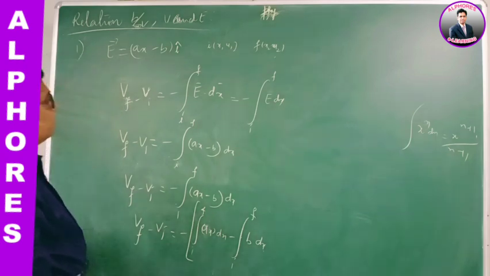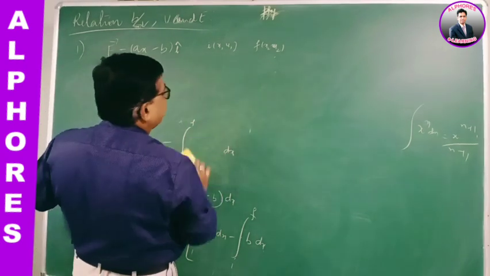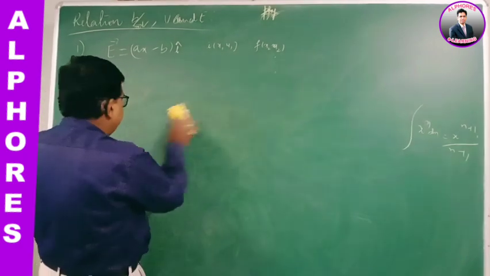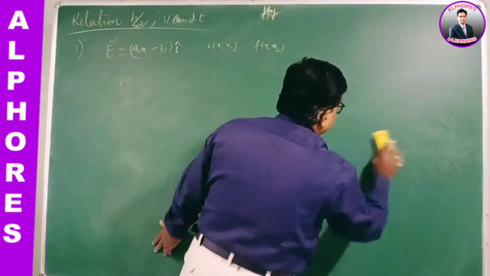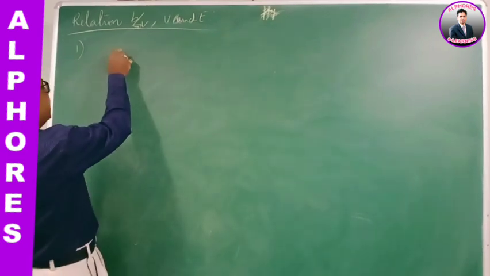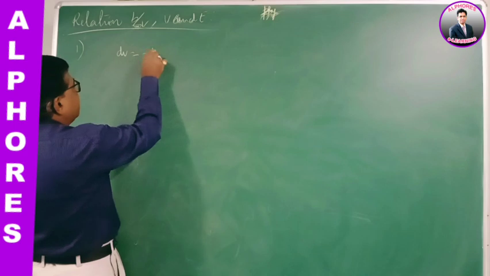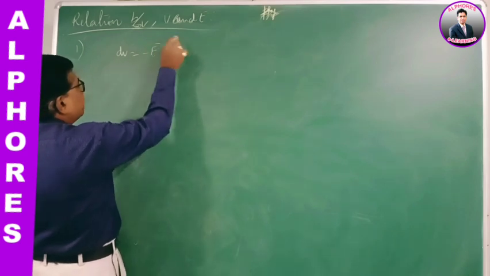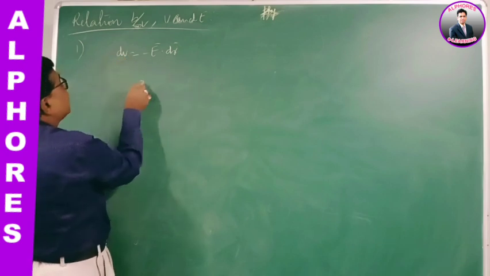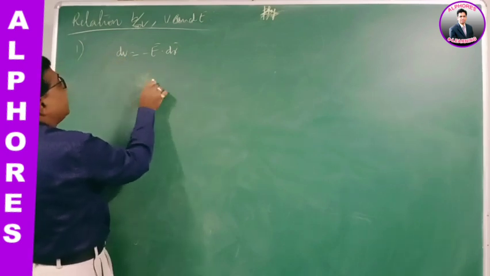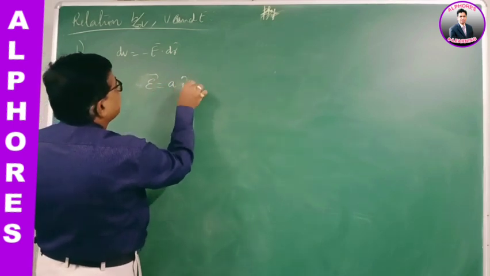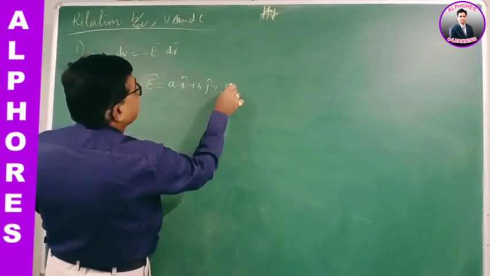So this way, when the electric field is given, you have to perform the integration. When the potential is given, you have to perform the differentiation to find the electric field. Sometimes the question is asked like this: potential difference dV is equal to minus E dot dr. Suppose the electric field is given as the vector E equal to A i cap plus B j cap plus C k cap.